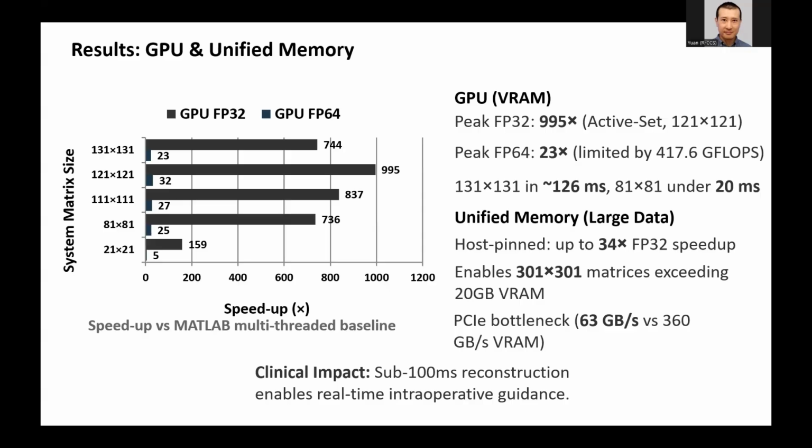We could achieve 34 times speedup with FP32 data, and this is limited by the PCIe bottleneck at 63 gigabytes per second versus 360 gigabytes per second for VRAM. We could also see some clinical impact here. If we could achieve sub-100 millisecond reconstruction, this will enable real-time intraoperative guidance in surgery.